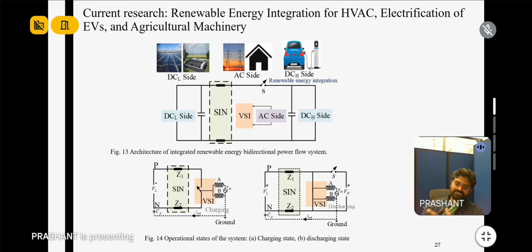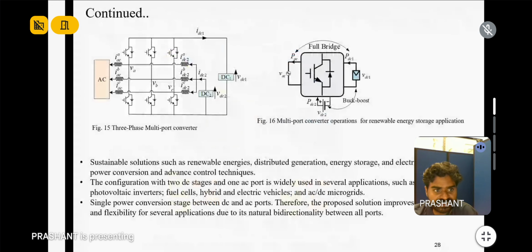To replace those different dedicated converters, we can design one multi-port power converter, in which a single power converter is capable of supplying, and where we can give multiple energy sources to be integrated. Suppose this is a multi-port power converter. Here, suppose this is the AC terminal of any motor.